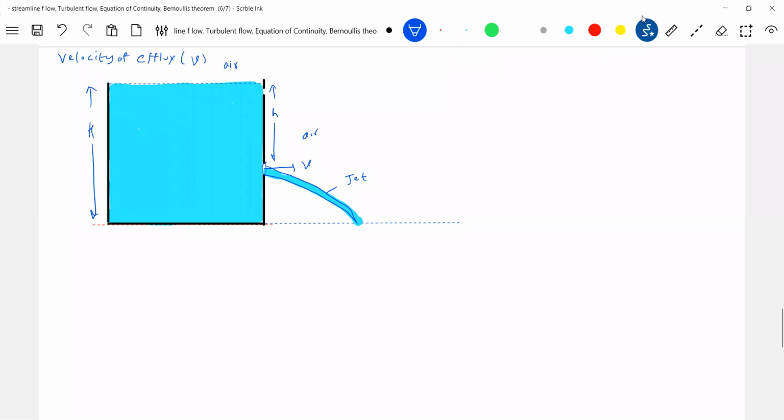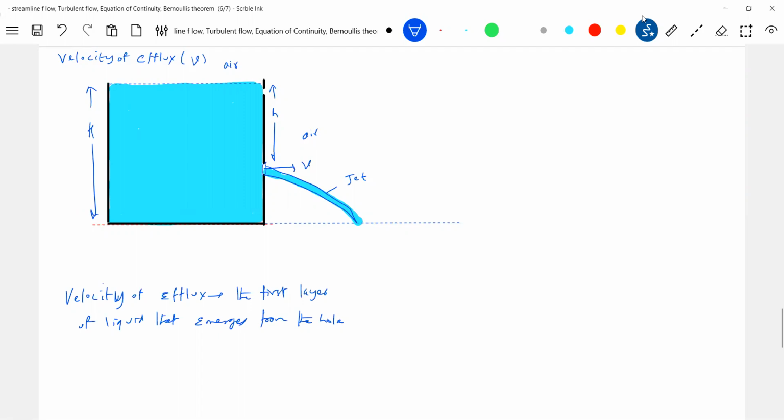So what do you mean by velocity of efflux? The first layer of liquid that emerges from the hole.